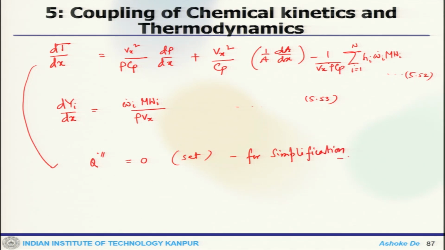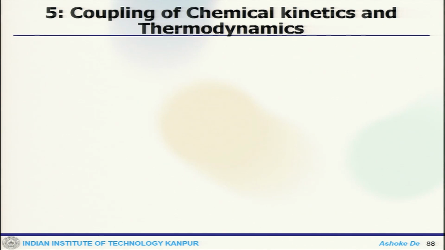Now, one can calculate the residence time, which adds one more equation. When you look at the residence time, this would be the derivative of tau with respect to x, 1 by V x. So, that is the residence time.